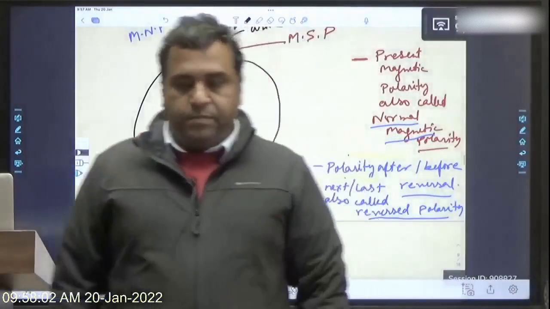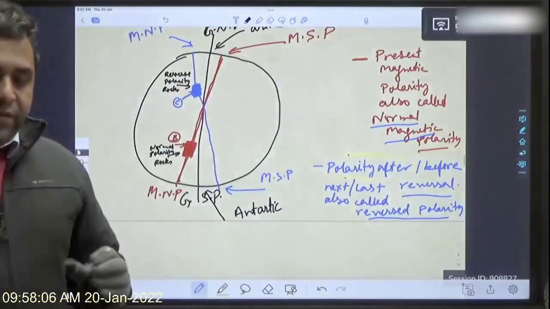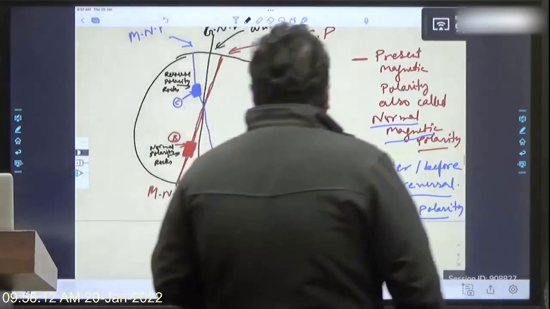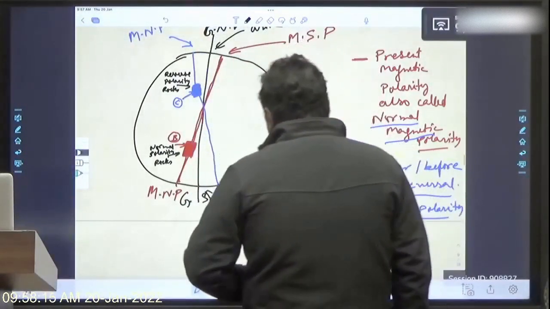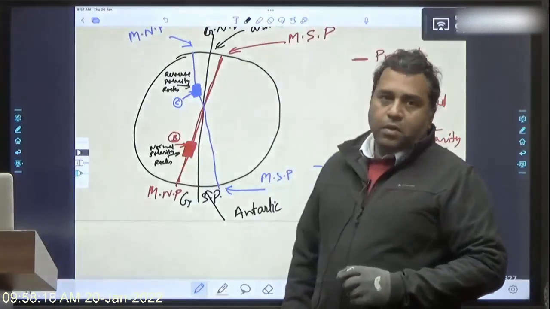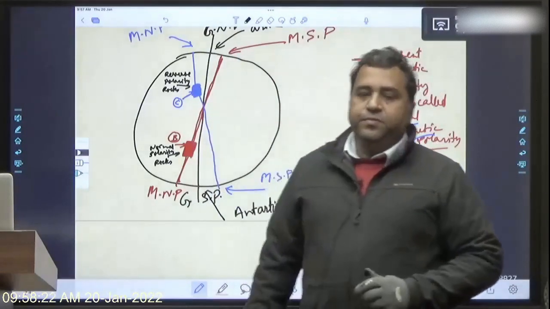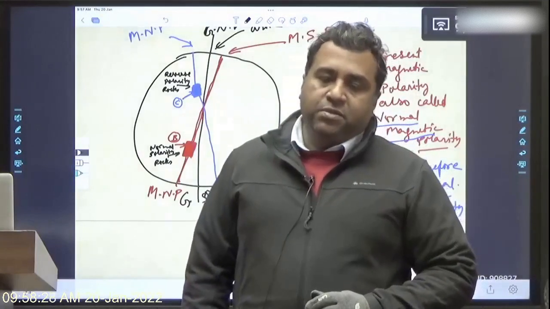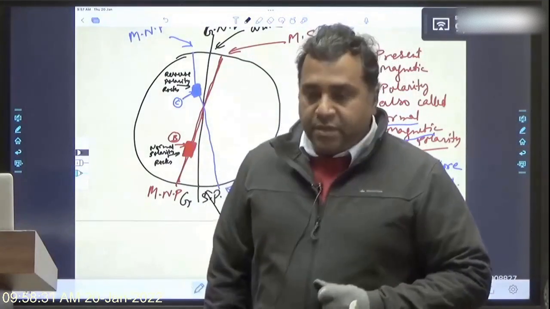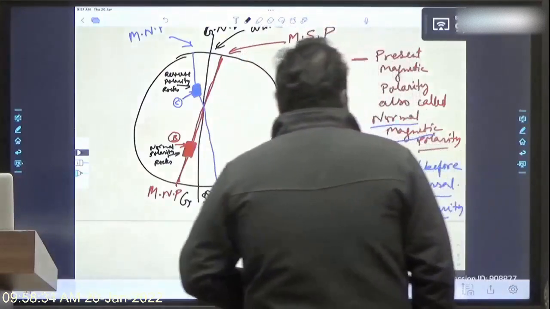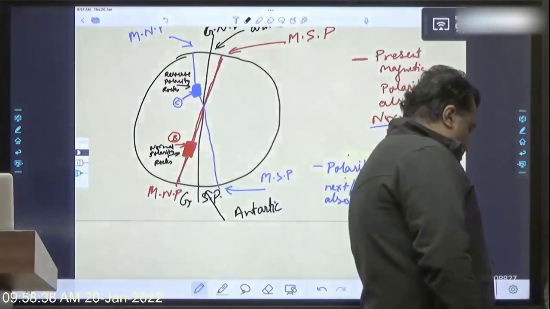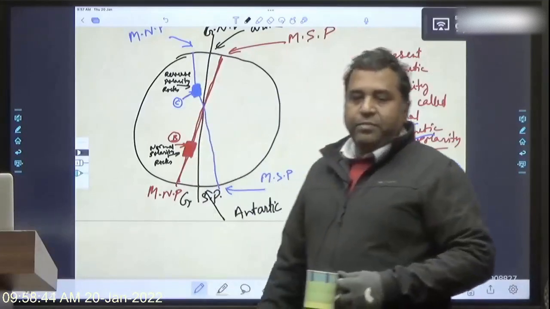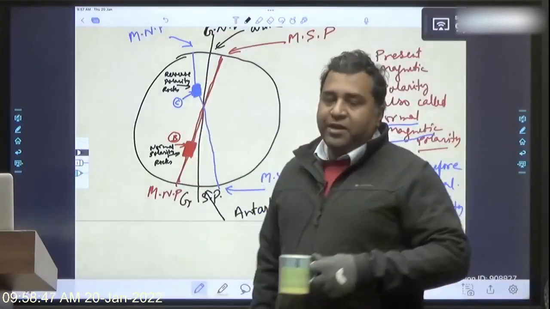Whereas magnetic rocks that will form during reverse polarity period of the earth will align magnetically in the reverse polarity direction.